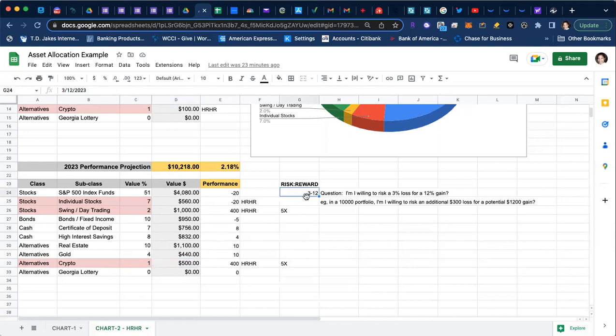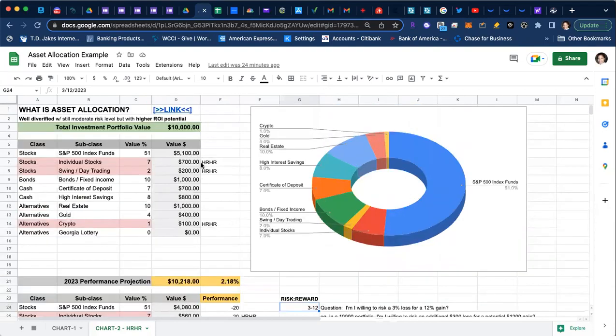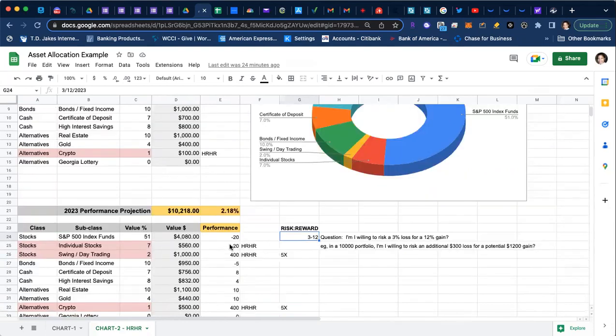So what we say is that that's like a 3% risk, 3% of this portfolio. I took a 3% risk of loss for a 12% gain. Okay. So this now gives you the power of what proper asset allocation can do for you as it is related to high risk investments. I took just a 3% risk, a $300 risk against this portfolio. And look what happened to my overall performance as a result of that.